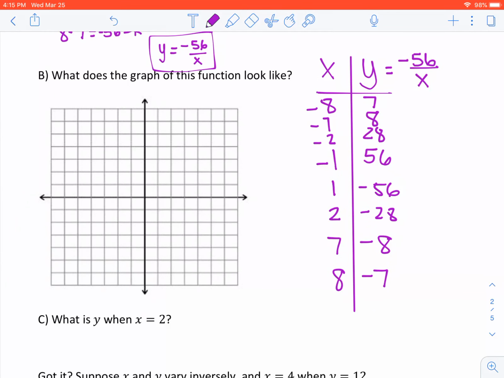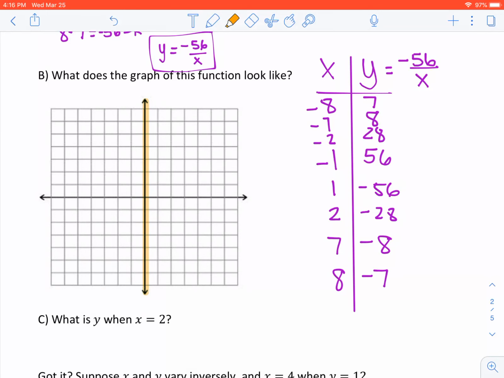You'll notice I did not pick the value of 0. I feel like we always pick 0, right? The problem is whenever x is equal to 0, so anything on this line right here on the graph, we get an undefined fraction. Negative 56 divided by 0 is undefined. And so what we have here with my orange line for the y-axis, that's where x is equal to 0. We call that an asymptote. We'll learn a little bit more about that in section 8 too.